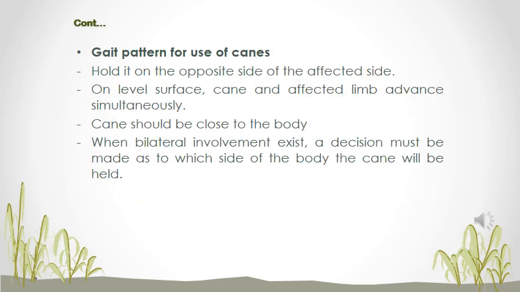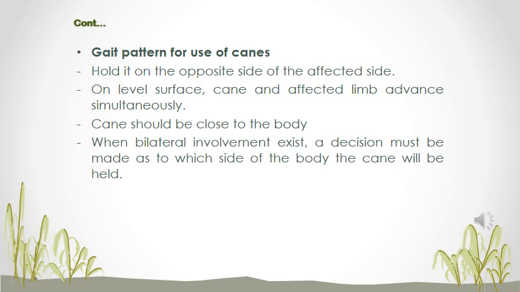So how will you instruct your patient to walk with the cane? Which gait pattern will you use? So we've now already determined that the cane will be held in the hand opposite to the affected side. If you have both legs painful or weak, then you will have to make the call, but which side needs most of the support?